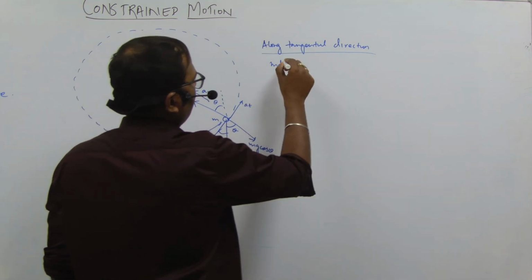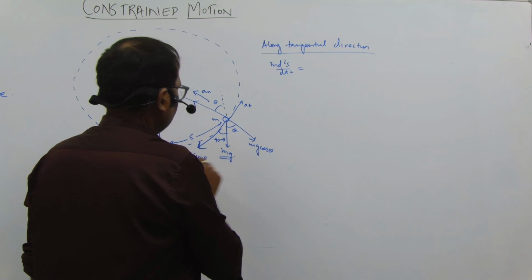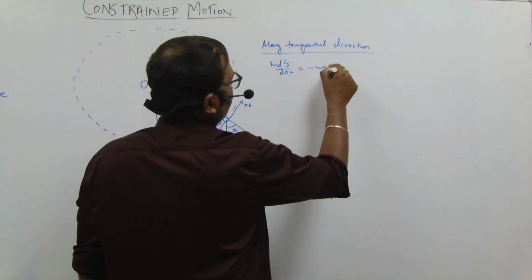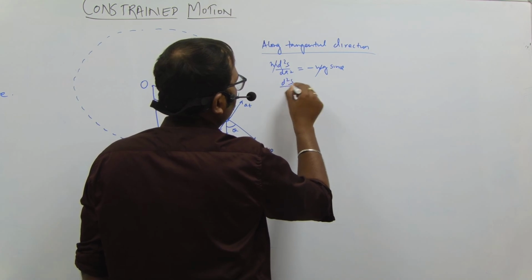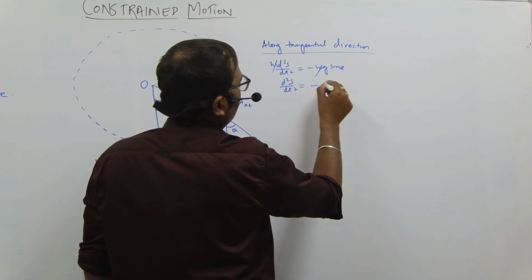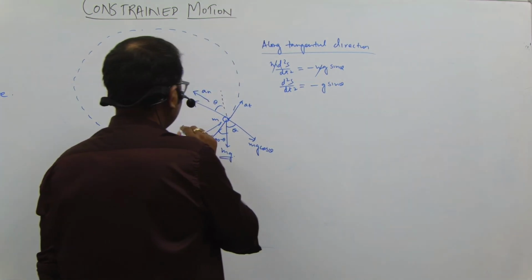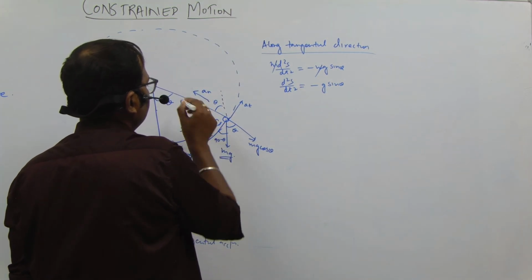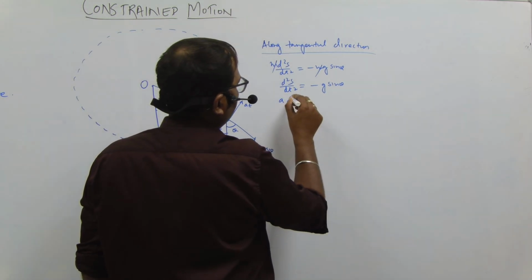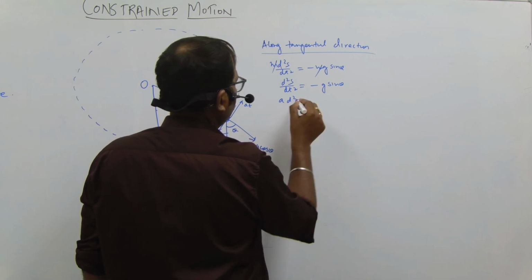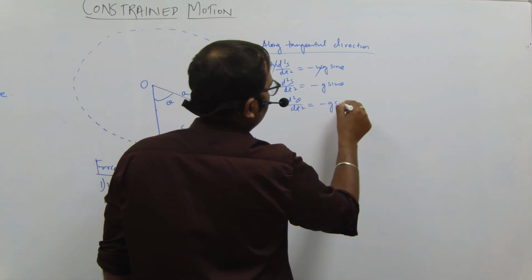So m d2s upon dt square is equal to minus mg sin theta. Let us cancel this m. So d2s upon dt square is equal to minus g sin theta. Let us take the radius as a, so s is equal to a theta. So we have a d2 theta upon dt square is equal to minus g sin theta.